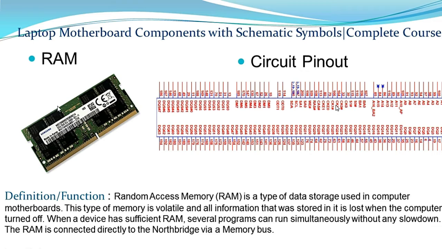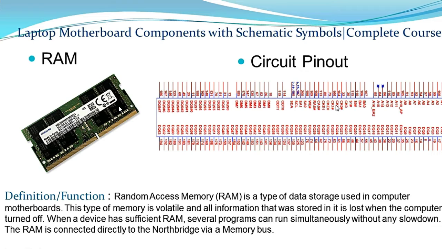So RAM, or random access memory, contains many RAM chips inside it, as you can see. And of course there are many types of RAM: DDR1, DDR2, DDR3, DDR4, DDR5, etc. So basically the RAM power is not the same.